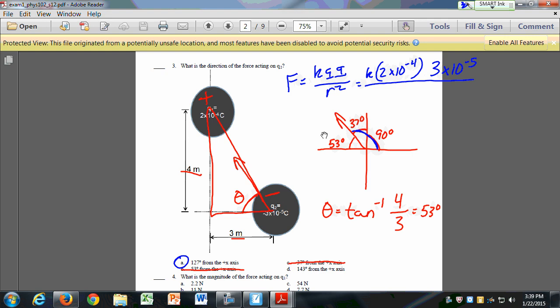You can do the Pythagorean theorem if you like, but it's 3, 4, 5. K here is 9 times 10 to the 9th. So 10 to the minus 4, 10 to the minus 5, and 10 to the 9th all cancel out. Then I have 9 times 2 is 18, 18 times 3 is 54, divided by 25. So that's approximately 2 newtons. So we can pick out the right answer.